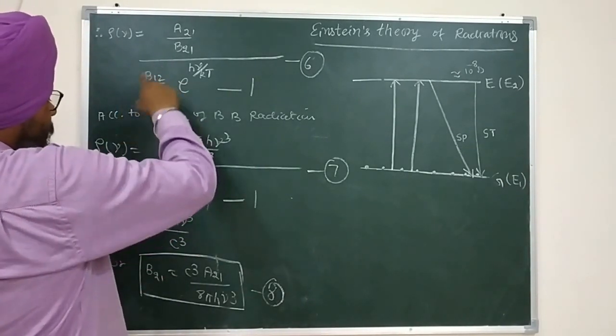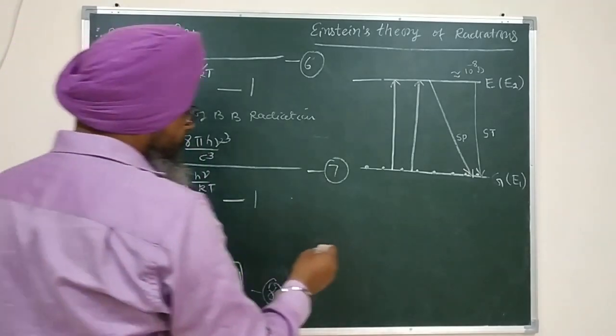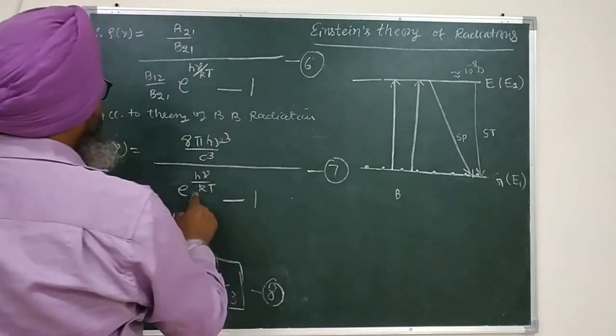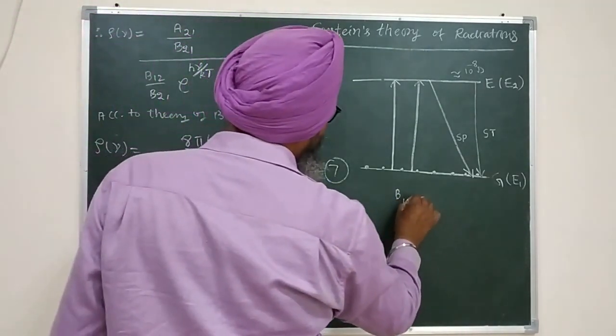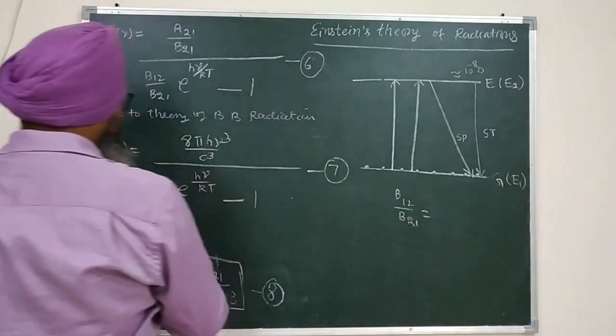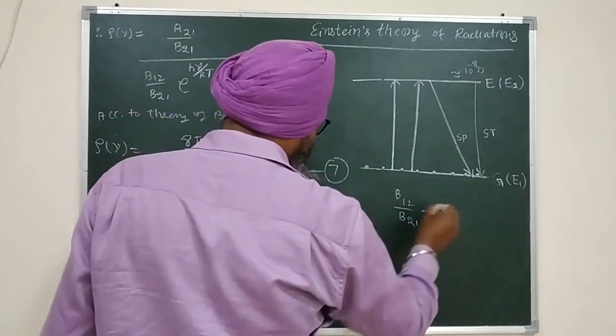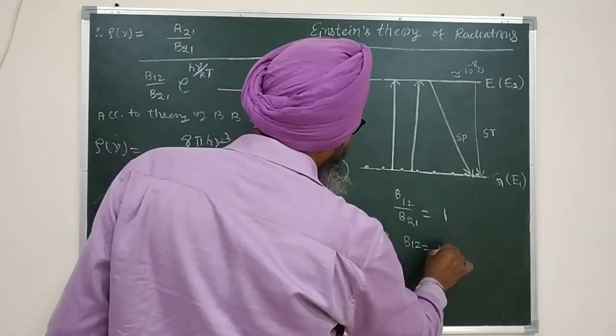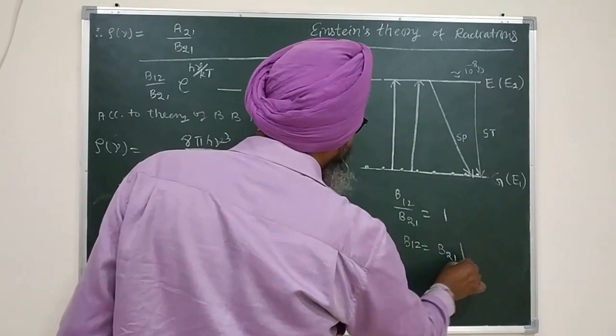So the coefficients can also be equated. Therefore the coefficient of e raised to power h nu by kt here is b12 upon b21, and similar coefficient here is 1. So this ratio has to be equal to 1. This means b12 is equal to b21.